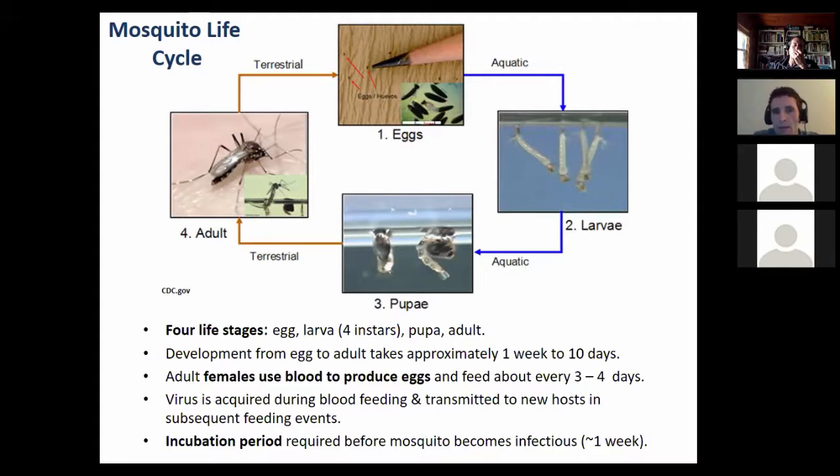Viruses can't survive on their own. They have to get inside cells and use the host cell machinery to replicate themselves. So they have to replicate within the midgut, escape into the circulatory system of the mosquito, and then get into the salivary glands before they can transmit to a new host. And that takes a little bit of time.